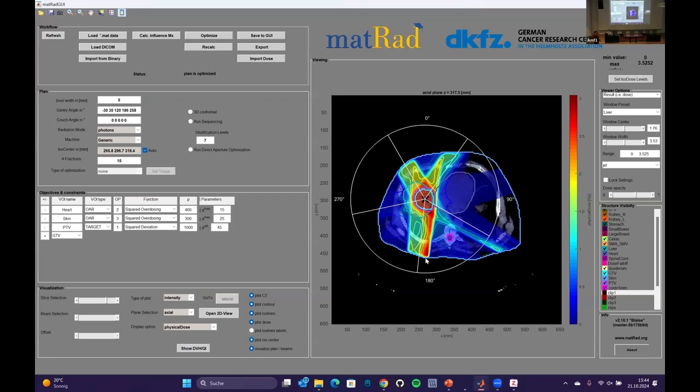So what you see now is that this one beam here, which has the penumbra directly following this boundary, will be used very heavily by the optimizer to try to get this dose gradient from high to low dose as good as possible.